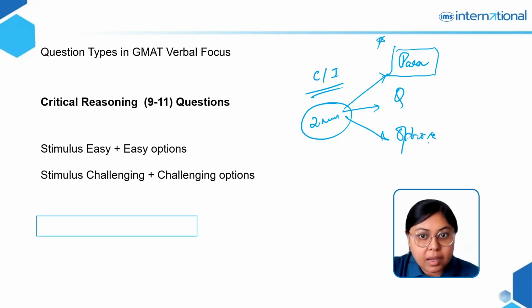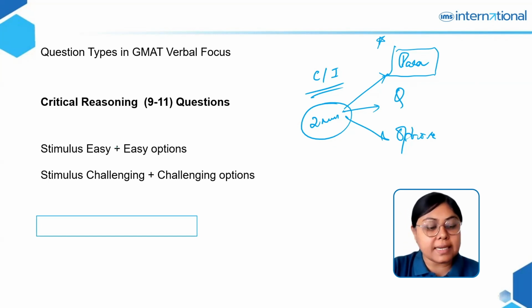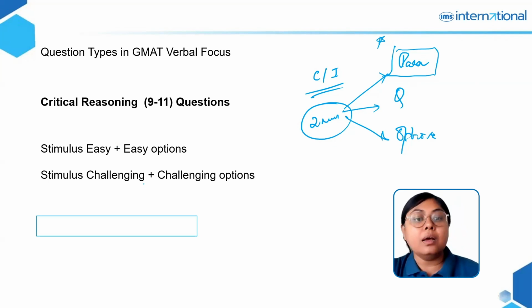So if I need to think about time management, I need to be judicious and very pragmatic in dividing the time in a proper manner. Nothing can be uniform. It has to be paced properly. Similarly, of course, a challenging CR question might take more time with challenging options.